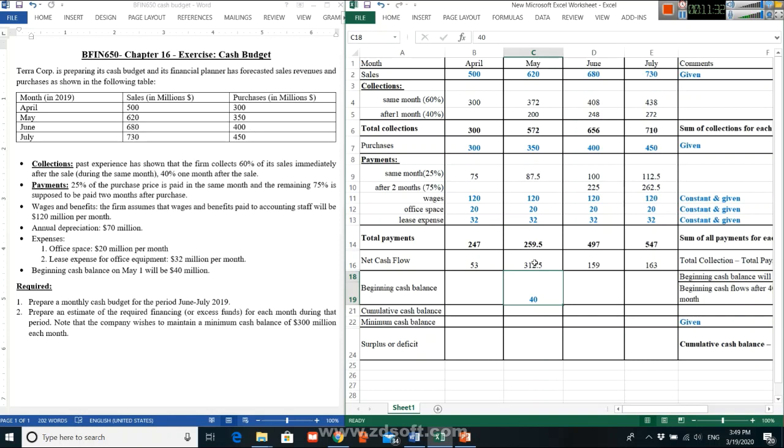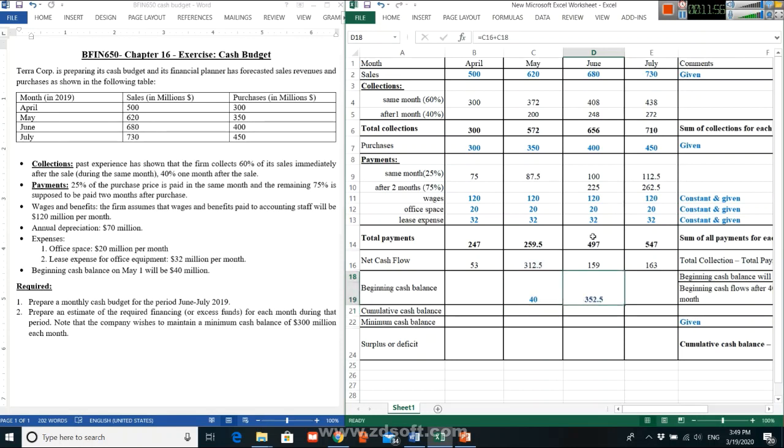And during the month of May, we have added to these 40 millions the 312.5 millions. So at the beginning of June, what is the cash balance? It will be equal to the net cash flow of May plus the beginning cash balance of May.